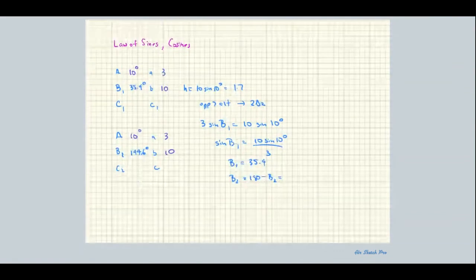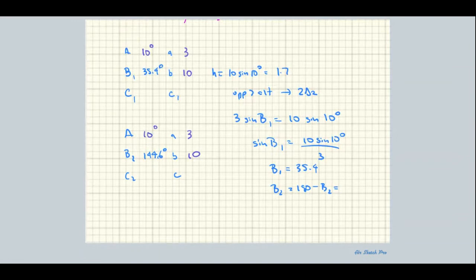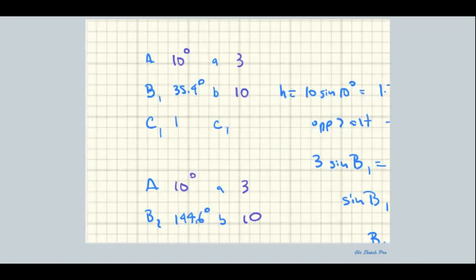Okay, B2 is 144.6, right? Subtract A. B2 minus A, this is a trick. B2 is 144.6 minus A is 134.6. That's C1.